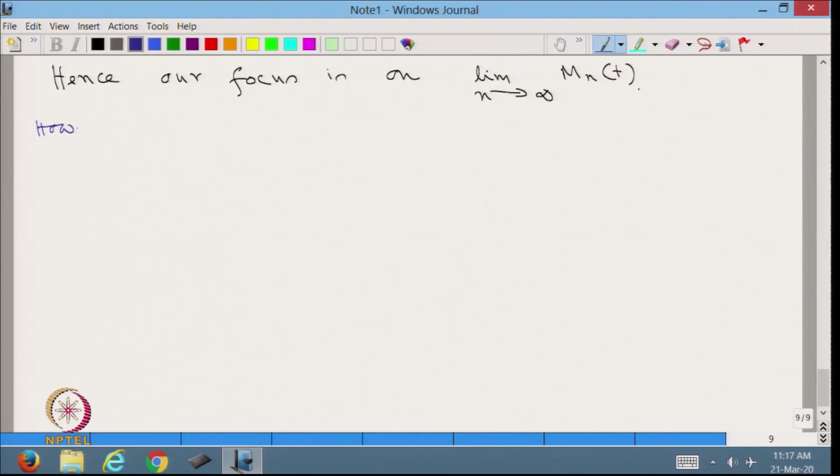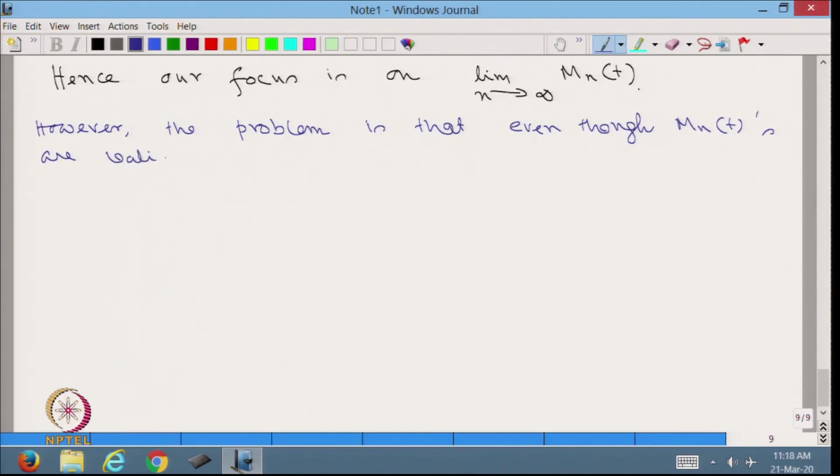However, the problem is that even though the M_n(t)'s are valid moment generating functions, the limit as n goes to infinity of M_n(t), equal to M(t), need not be an MGF.